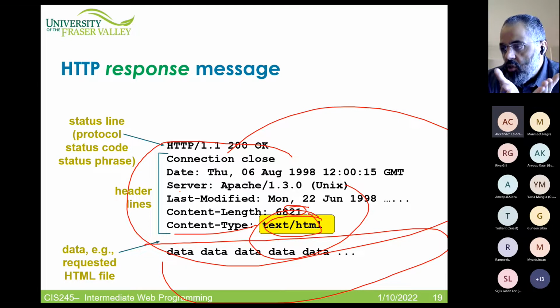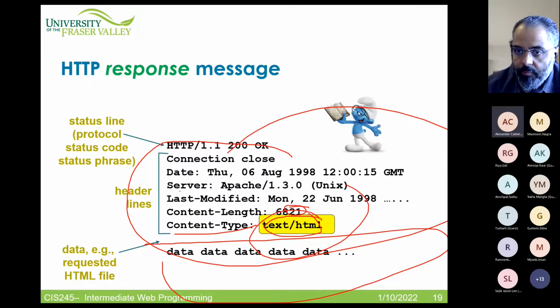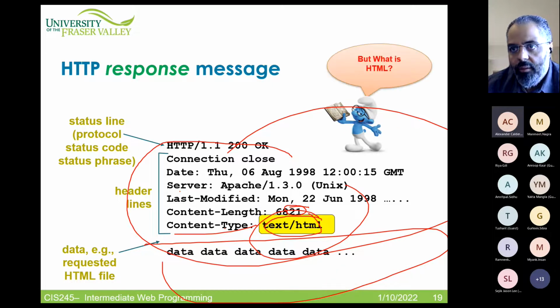But most of the time it will be HTML code that will be sent back, because even other multimedia objects like images, videos will be within the HTML file that will be sent by the server in this case, and the response.